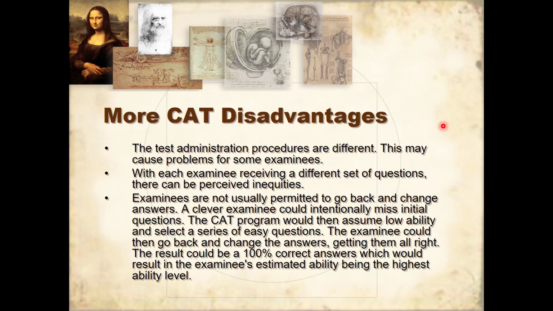They get a bunch of easy items that they can get correct, and then the test ends because it converges on an ability estimate that is fairly low, but then they can go back and change those initial answers and end up with 100% correct responses and get an off-the-chart high theta estimate. So people figured out how to game the system really early on, and for that reason you can't really let people go back and change their responses very easily.